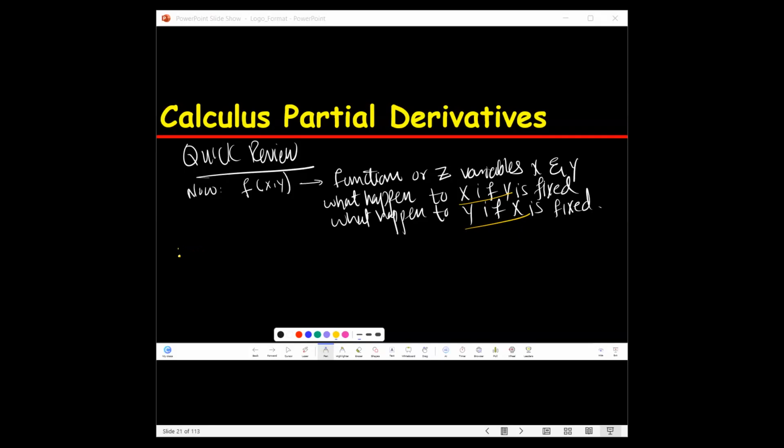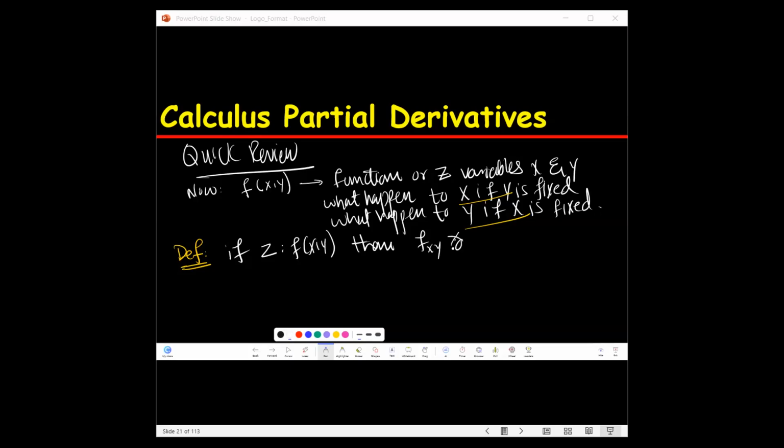And really, if you want to write this definition, if z is a function of x and y, then f(x,y) is a partial derivative. I'm going to use a different terminology.